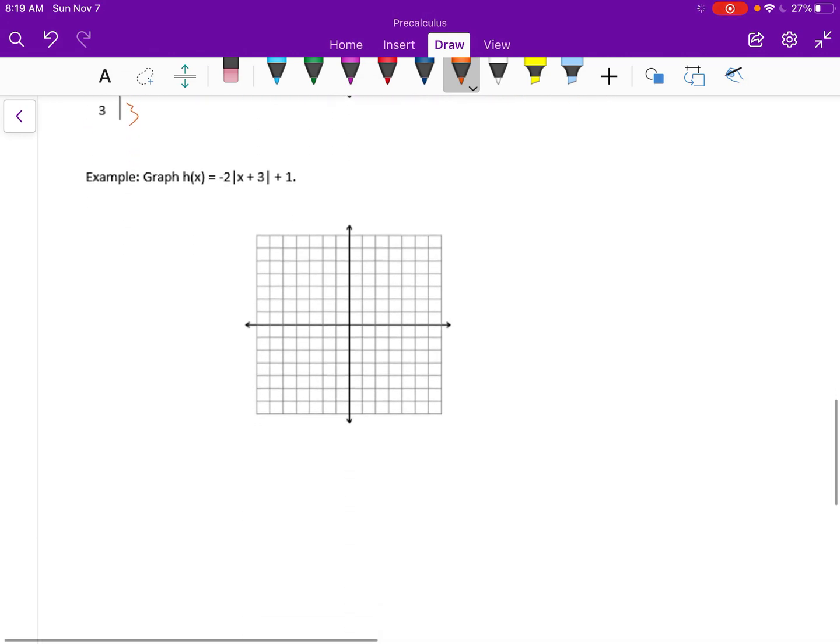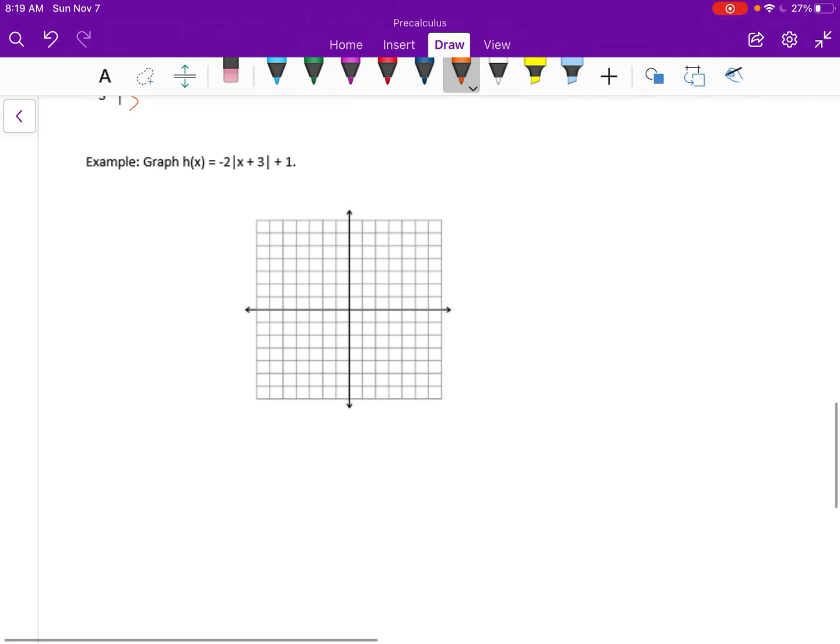In the past, when graphing parabolas and some other things, we learned that we can transform a function. We know that if you add or subtract something inside the function, in this case inside the absolute value, that is going to move it left if the number is positive, if you're adding a positive number in there, and right if it's negative.